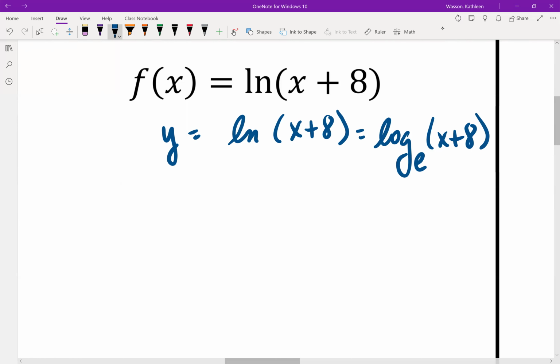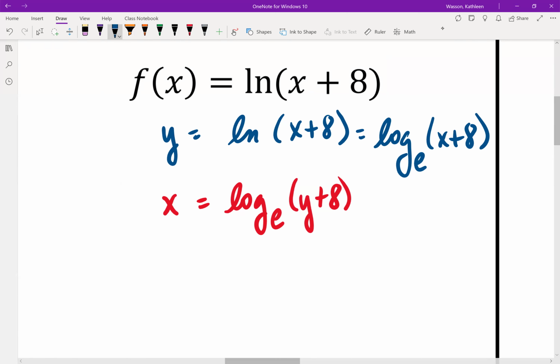This is isolated, so I don't have to move anything else. What I need to do is trade x and y. I got x equals log base e of x plus 8, and oops, silly woman. Trade x and y, I said, and then proceeded to not do that. Okay, this is my inverse equation, but I need to solve it for y.